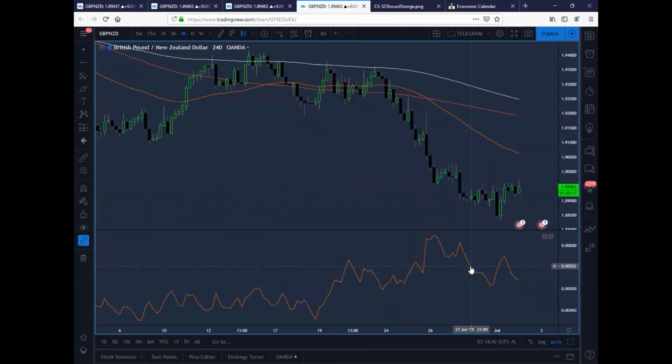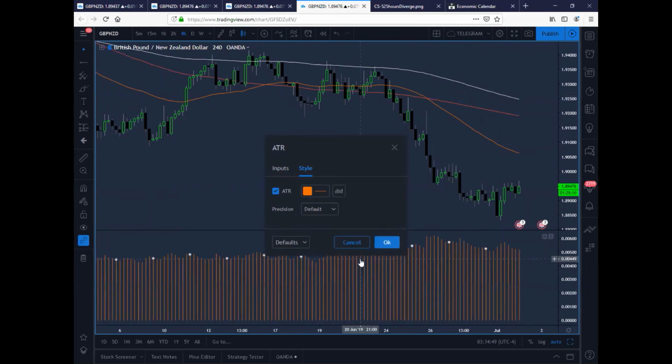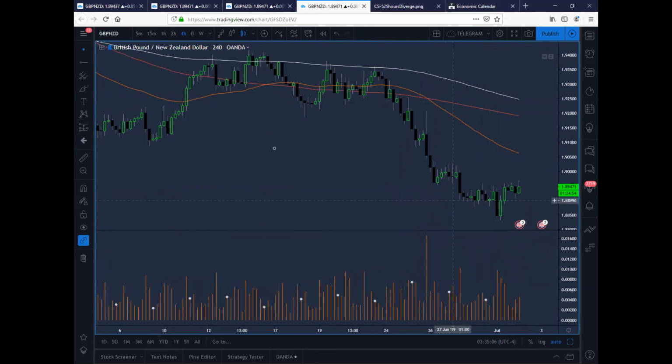Cool. Double click in there, go to systems, change this to histogram, or lines. We like lines, stick with the lines. So here we go. Take this all the way to the 1, right?